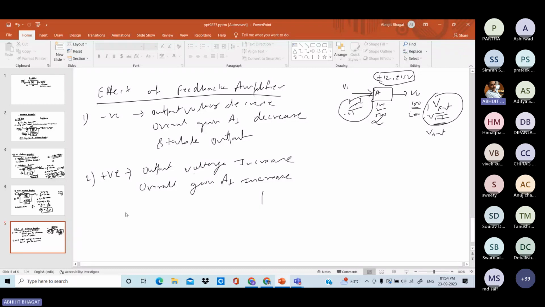Positive feedback कहाँ पे use होता है? It is only used in the oscillator circuit. और oscillator में क्या होता है, यहाँ पे across the output side हमेशा maximum voltage plus saturation minus saturation इस टाइप का वोल्टेज हमेशा continuously आएगा.